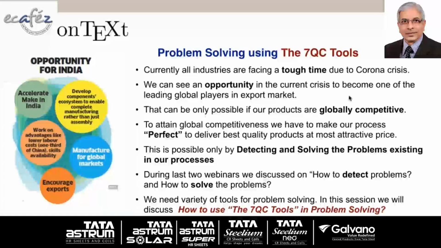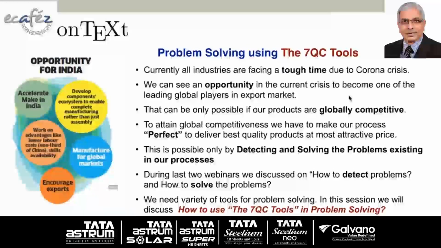Now, what are these 7 QC tools? The term 7 QC, 7 tools for quality control, was coined by one of the greatest quality gurus of Japan, Ishikawa. Historically, in the ancient days, there was one very famous warrior, Benkei. He used to win most of his wars, and Mr. Ishikawa observed that he was successful because he had 7 unique weapons that helped him win.